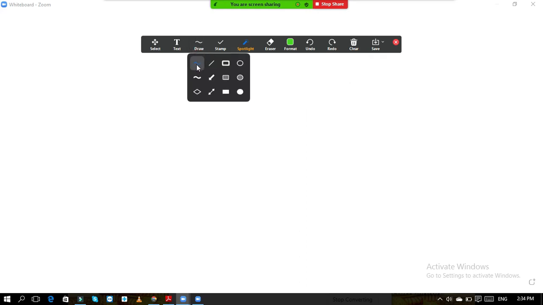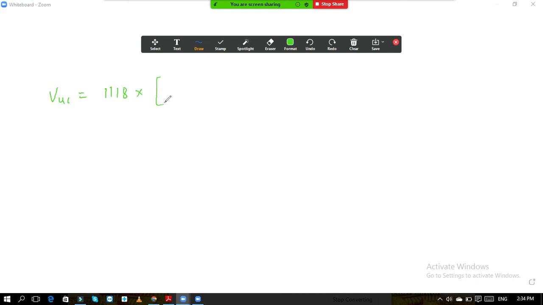First I will write this equation, and then we will see the previous equation. So VUC is equal to, what is happening? So 118 into, what is our area now?